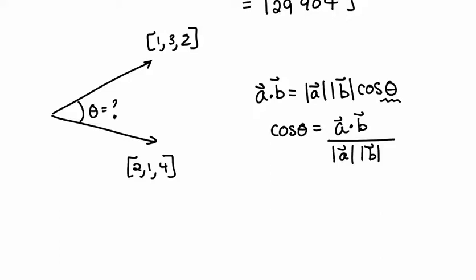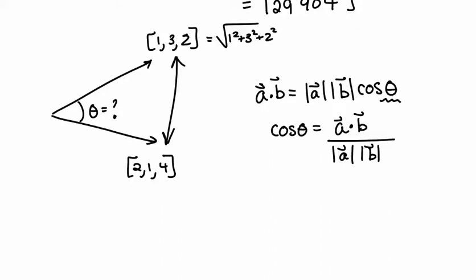To find the dot product of A and B, I can just use the two formulas: 1 times 2 plus 3 times 1 plus 2 times 4. Figure that out. To get the magnitude of each vector, I can use the Pythagorean theorem, find the magnitude of A and the magnitude of B, and then use this formula to help me figure out the angle between vectors.